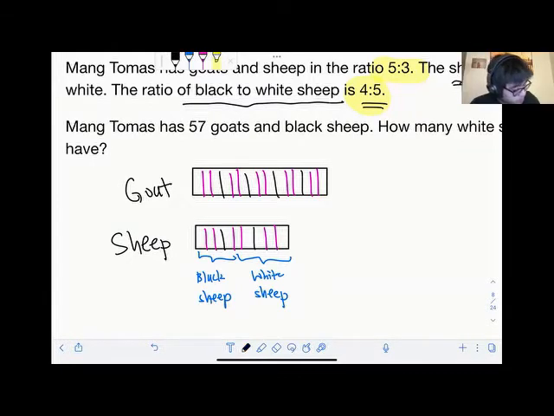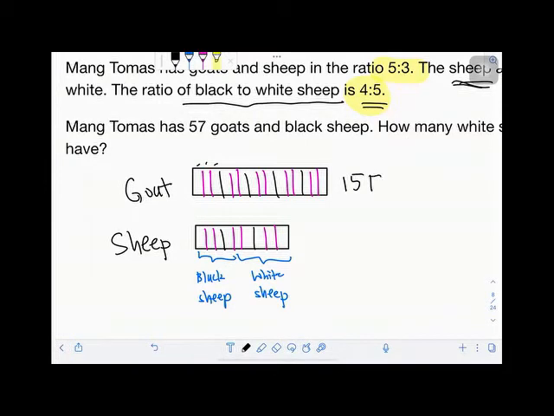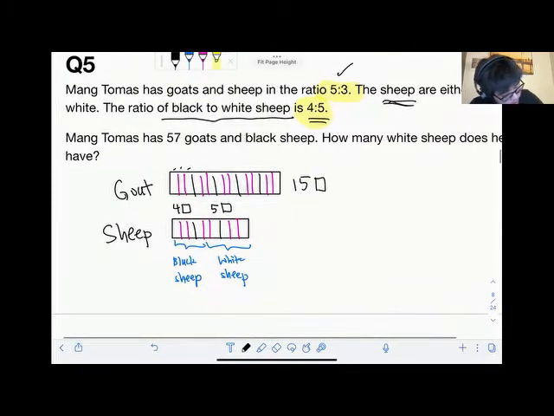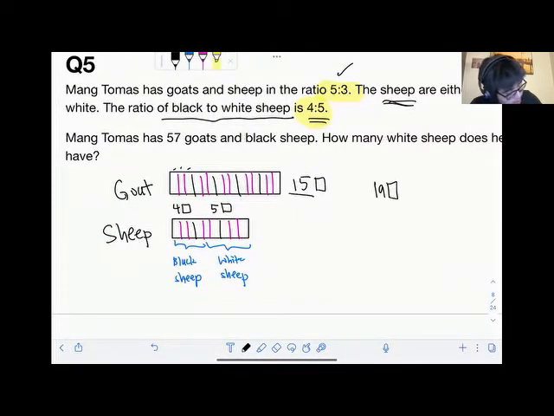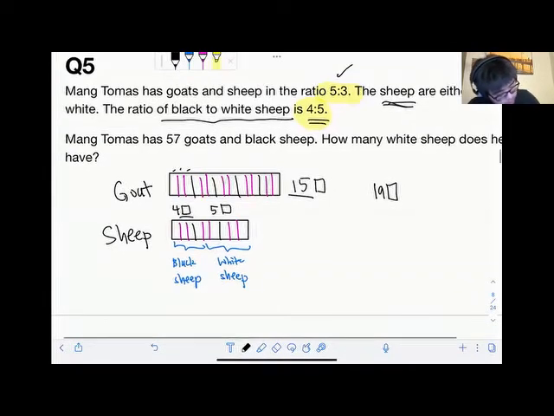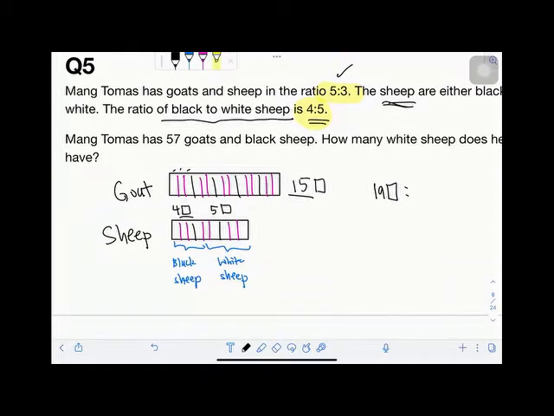Okay. So, doon sa taas, we have 3, 6, 9, 12, 15 po. 15 boxes. Tapos 4 boxes si black sheep, 5 boxes dito. So, yung 19 boxes po is equal to 57 po.